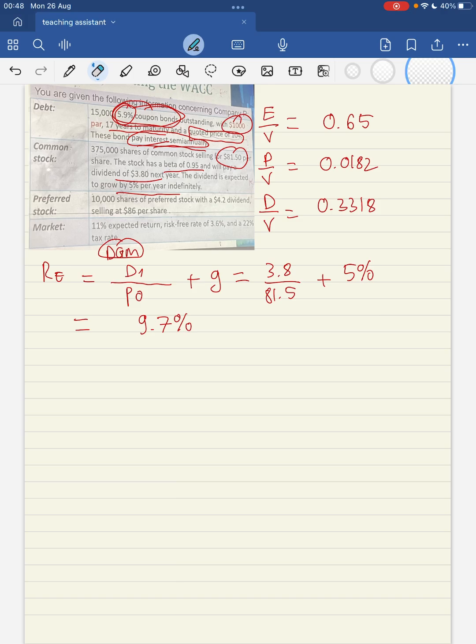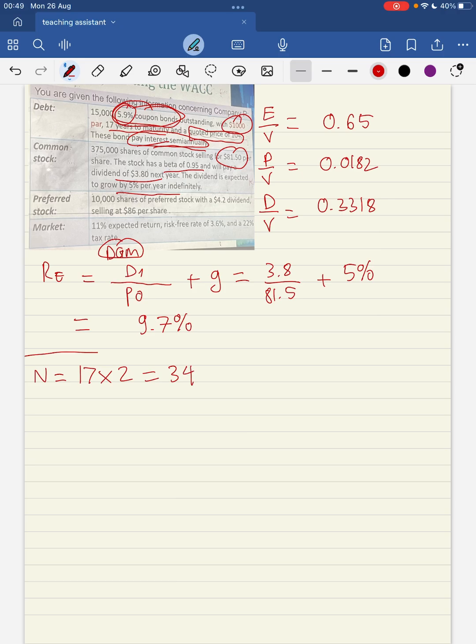Next, we need to find out the cost of debt. Just a reminder, debt is often tax deductible. Therefore, we can first only find out the cost of debt before tax. In this case, we are finding the YTM of the bond. Using the BA calculator, we type in some of the inputs, including N, which is the number of periods, equal to 35 times 2, which gives us 70.